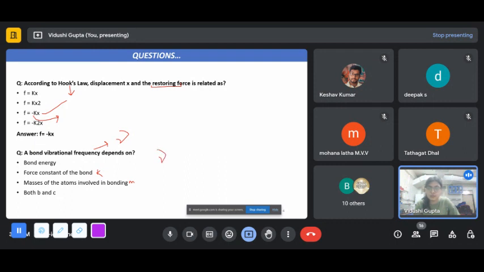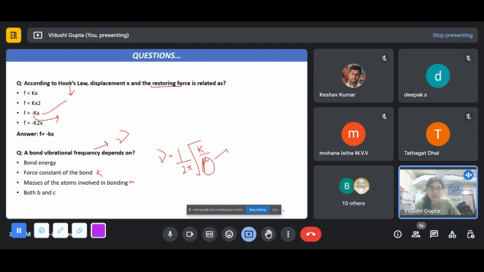You know this formula: nu is equal to 1 upon 2 pi under root k by mu, where nu is the frequency, k is the force constant, and mu is the reduced mass.